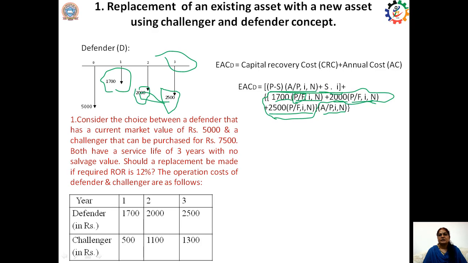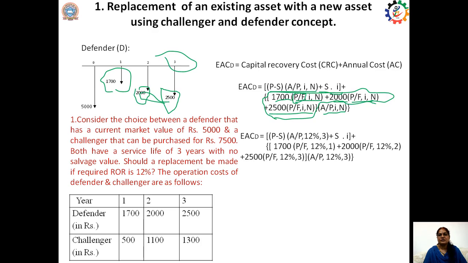So let us see how the i and n values are taken. I will not change once given in the problem, 12%. So everywhere 12%, I value doesn't change at all. Coming to n, in capital recovery cost, n should be the entire life considered.